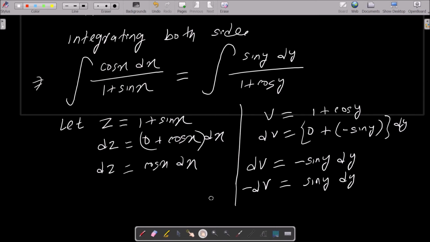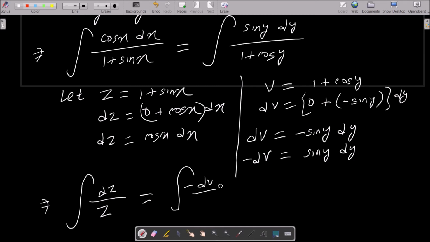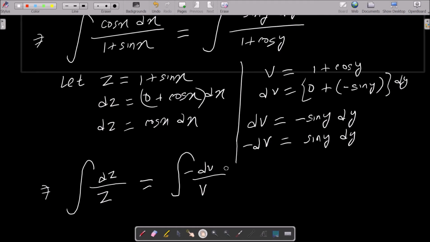Then cos x dx we can write as dz, and 1 plus sin x is z, equal to the integration of minus dv over 1 plus cos y, which is v.